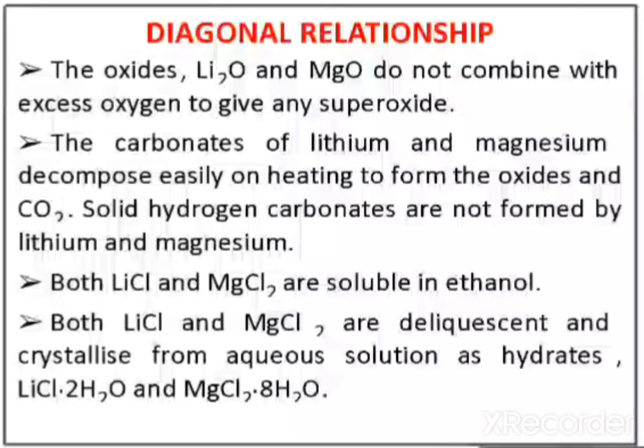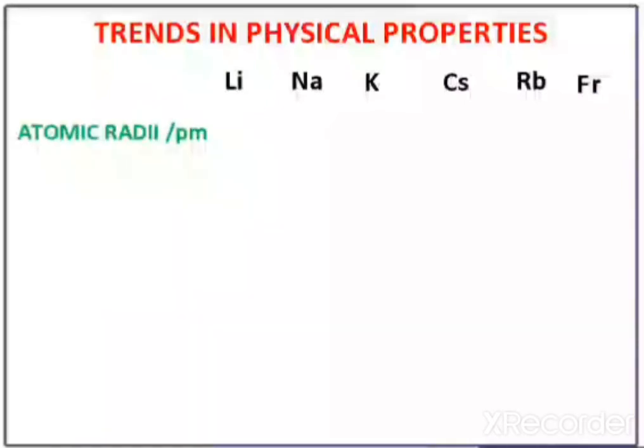After the diagonal relationship, now we'll talk about physical properties. First, let me tell you the name of the elements. The first physical property is atomic radii.